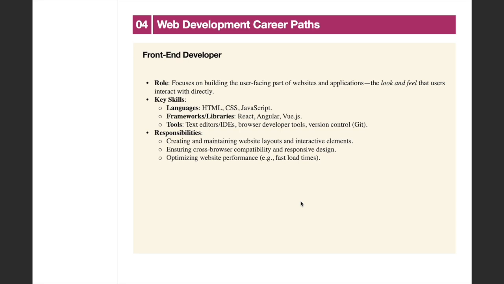If you are an artistic person, if you care about how things look and how smooth an animation feels, this domain is for you. A front end dev focuses on building the user-facing part of websites and applications, literally the look and feel that users interact with directly.